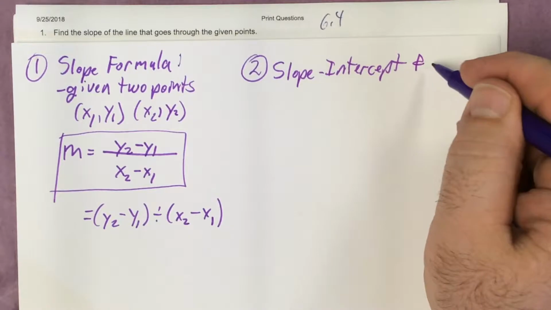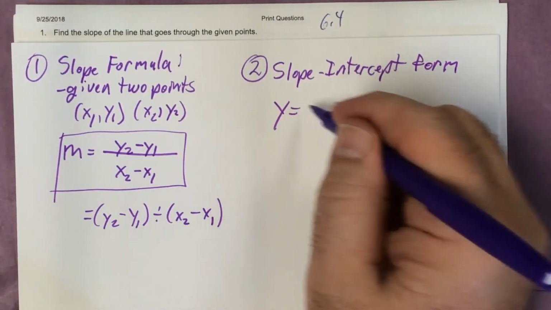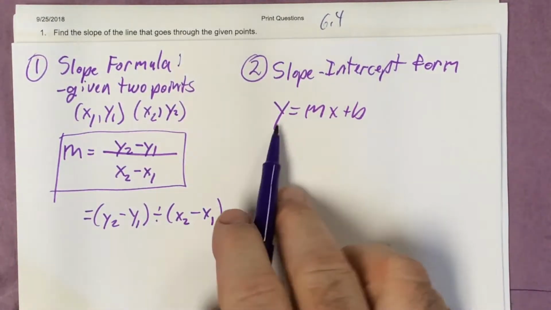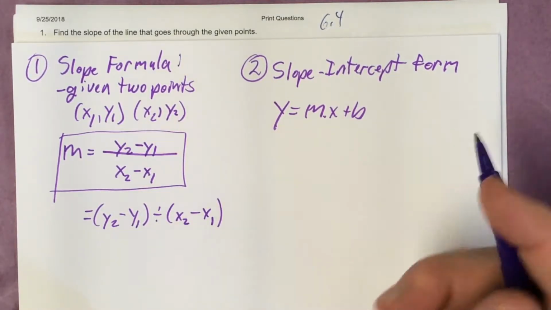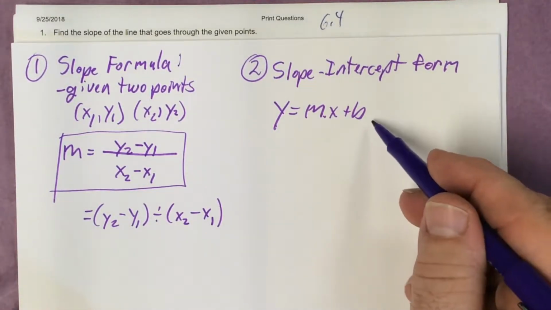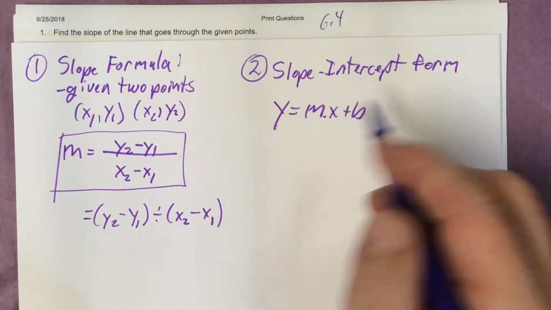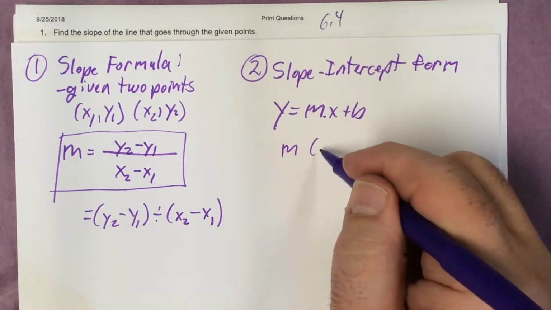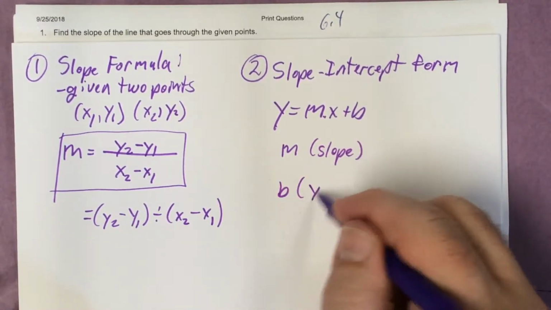And the reason we refer to these equations as being slope-intercept form, when they're written like this, is because we know that x and y change on the graph of a line, but its slope and its y-intercept, that's where it crosses the y-axis, as we discussed in sections 6.3 and 6.2, those are going to be fixed for a line. So if we have an equation written in this form, m, that's the value that's next to the x, that's always going to be our slope, and then b, that's always going to be the y-intercept.